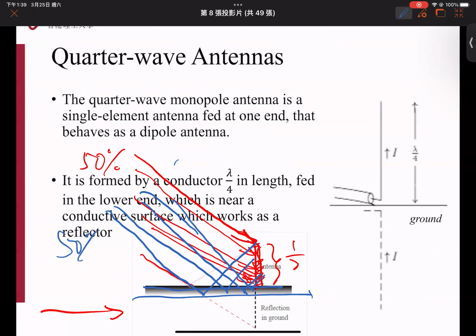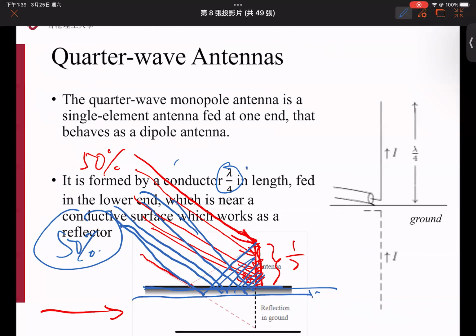Another 50% will come from here, so that you receive another 50% from the ground reflection. In total you get the same amount of power, but the other half is based on reflections. So that's why it is able to work with only a quarter of the wavelength. That's the idea of the reflection characteristics.